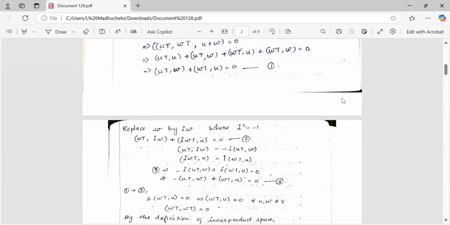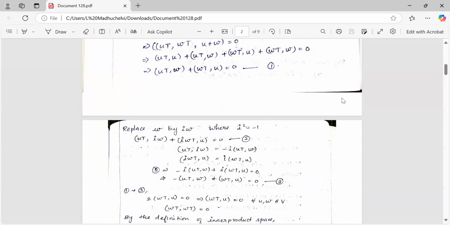Now in this equation 1, replace w by iw, where i squared equals minus 1. Then we get the inner product (uT, iw) plus (iwT, u) equals 0.